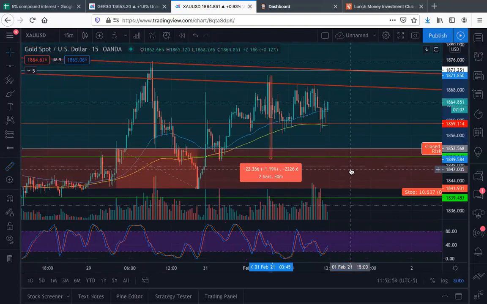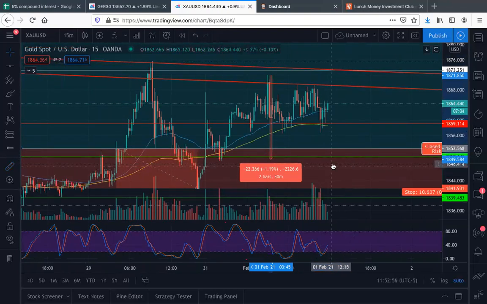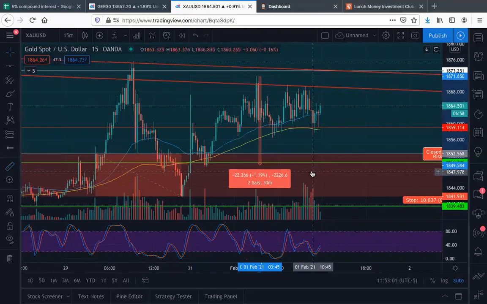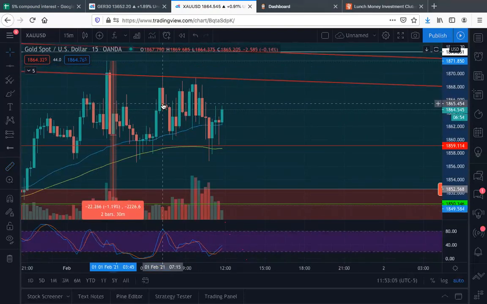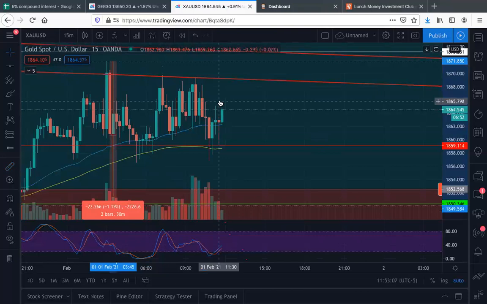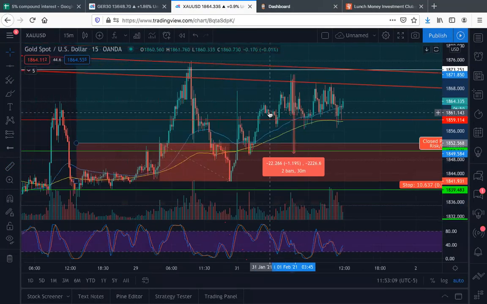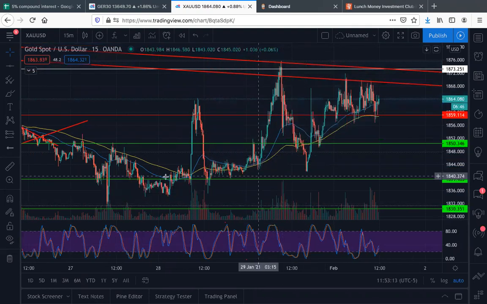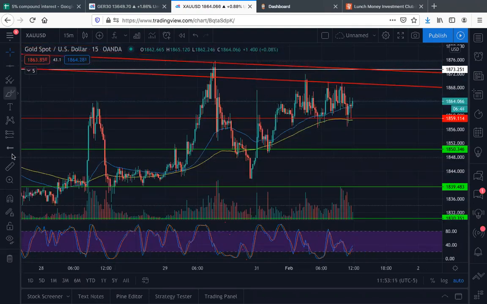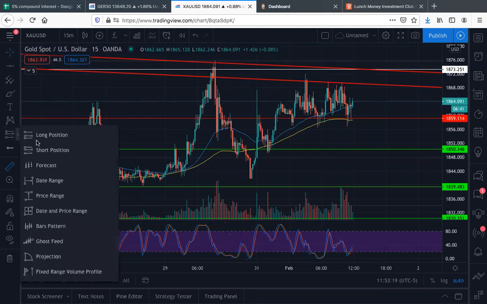So we could be coming back down to around this 1850. It looks like price may not be able to break this high. So I'm going to mark this idea up as a short idea for now in the short term.